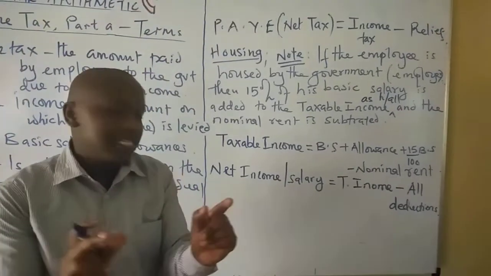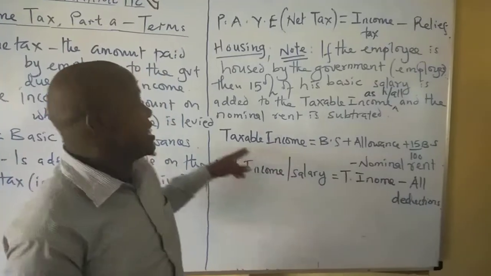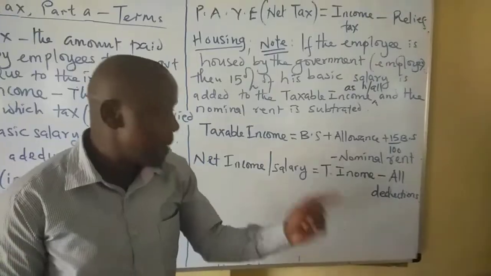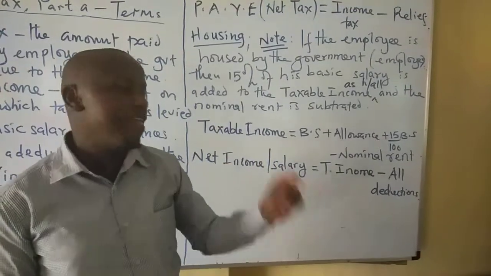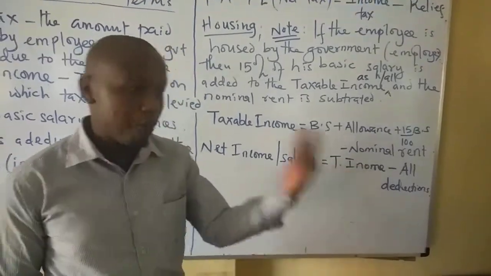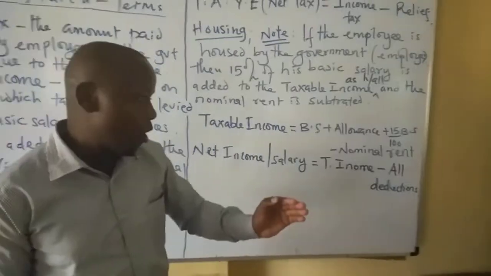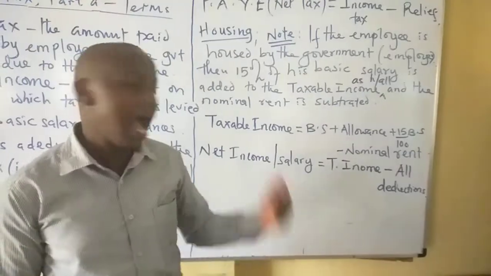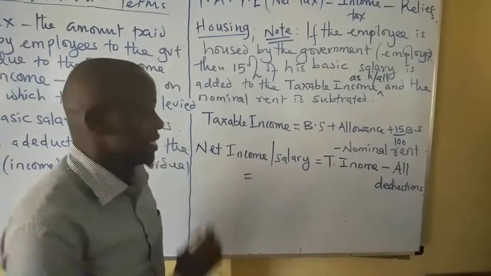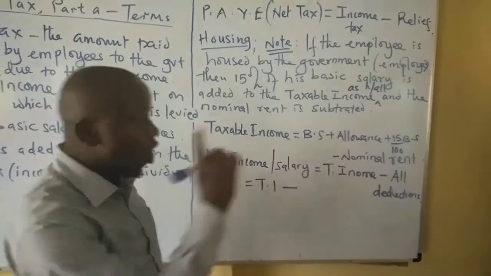Apart from someone paying the PAYE, which is the tax to the government, he might be paying other things at the end of the month, for example servicing a loan, paying premiums to an insurance company, and several other payments. Therefore, the net salary of an individual is gotten by taxable income minus all deductions.